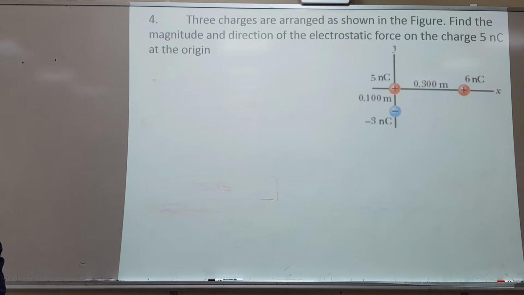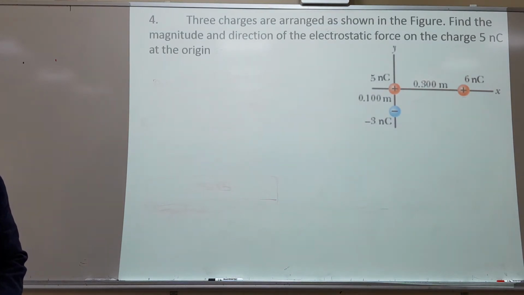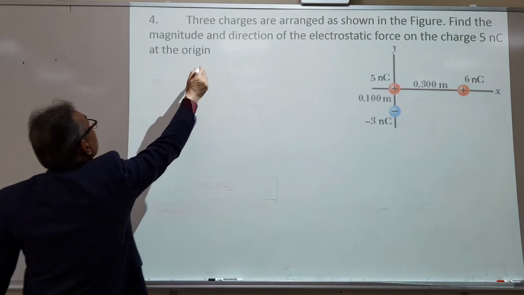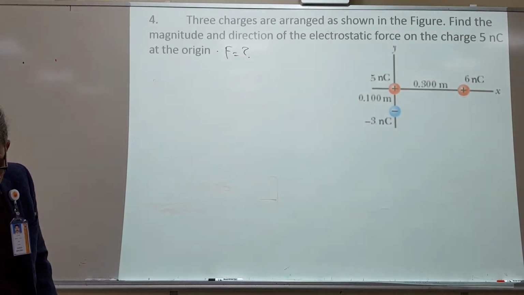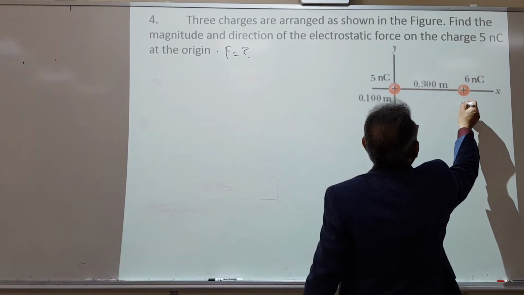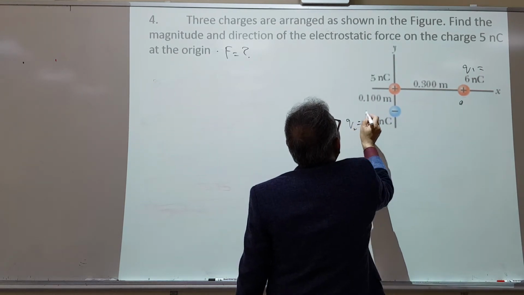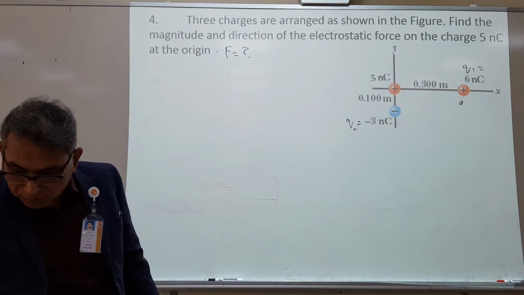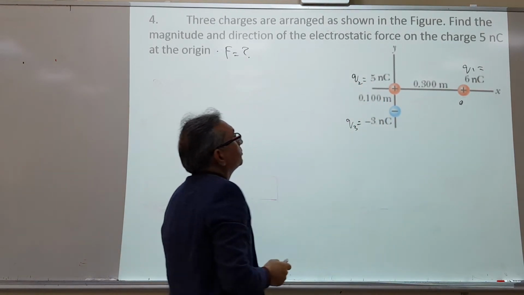Three charges are arranged as shown in the figure. Find the magnitude and direction of the electrostatic force on which charge? On the charge 5 nanocoulomb. Nano means 10 to the minus 9. So let me call it Q1 and Q2, and this one Q3.